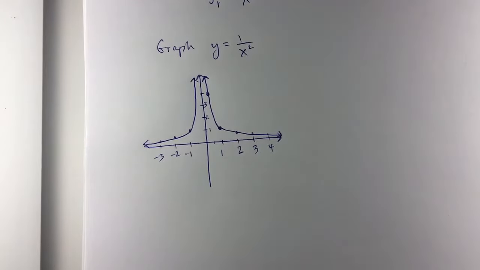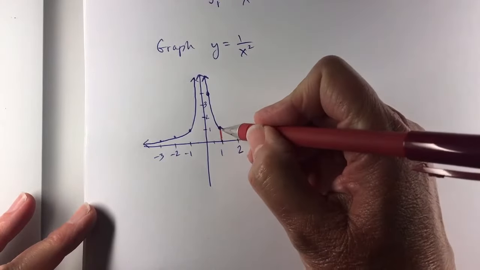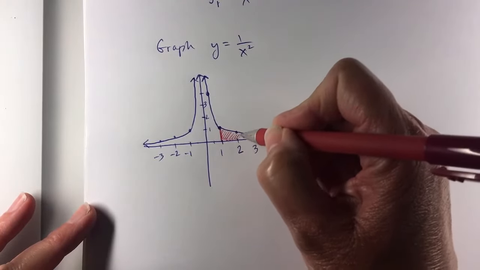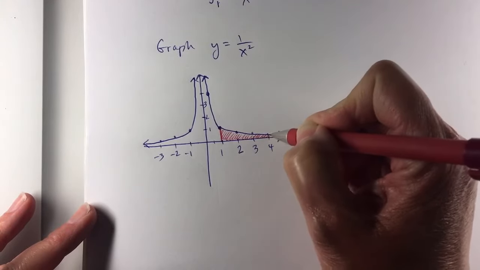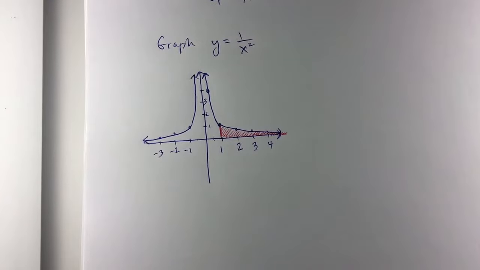What I'm looking for in this problem with this integral, if I think of it as the area, I want the area from 1 to infinity. So the area part goes on forever.